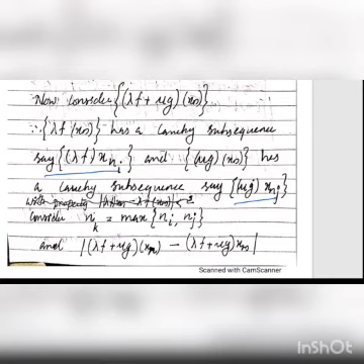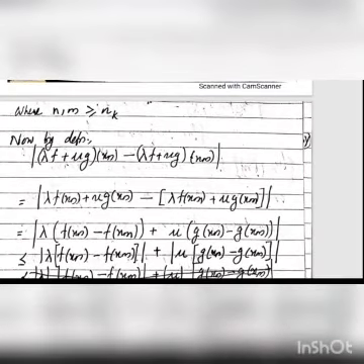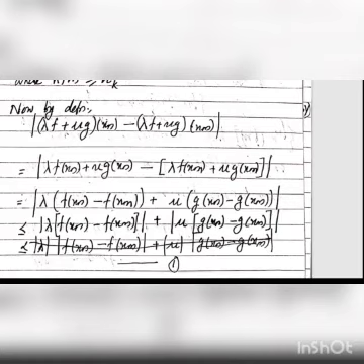Now take nk to be the maximum of ni and nj, and consider modulus of lambda f plus mu g of xn minus lambda f plus mu g of xm, where n and m are greater than or equal to nk. By definition, lambda f plus mu g of xn is lambda into f of xn plus mu into g of xn. So we have split that.